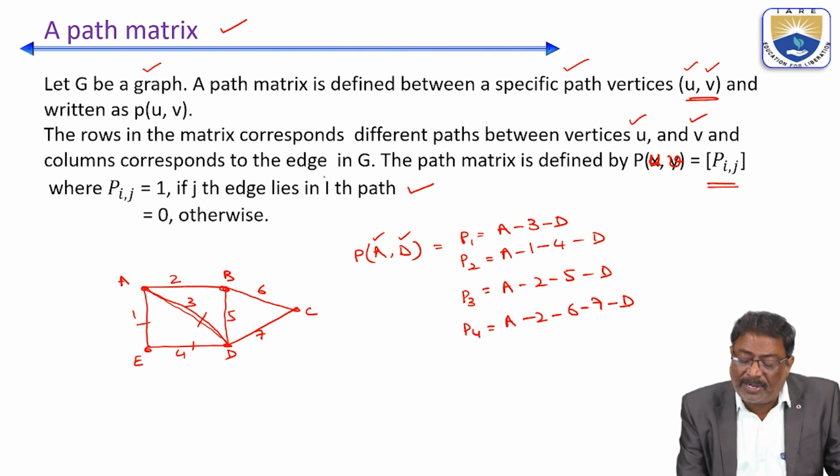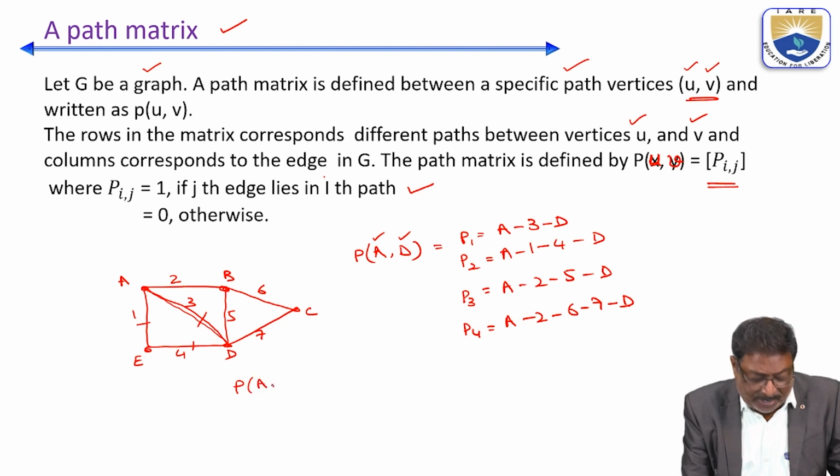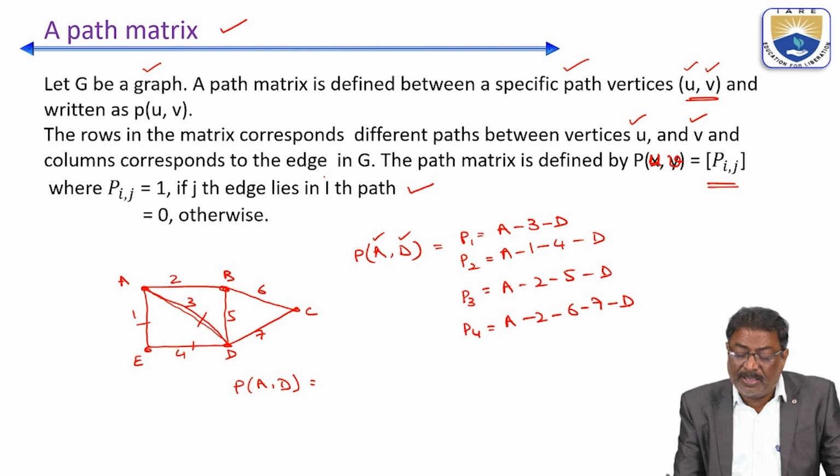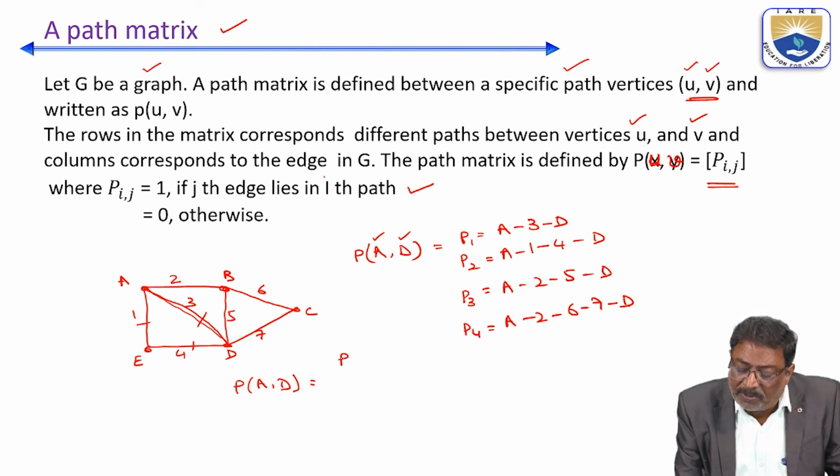Now I am going to write the path matrix as P of A comma D, which I represent as Pij, and the paths will be P1, P2, P3, P4.